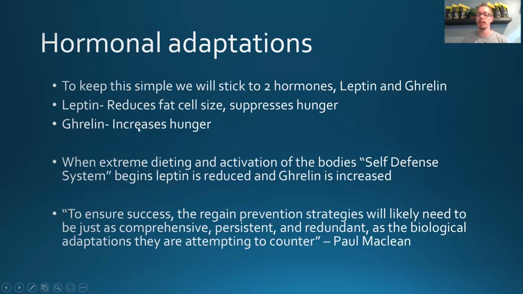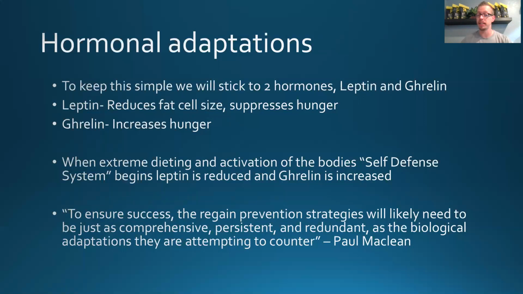So what happens when you're dieting extreme and that self-defense mechanism kicks in? Actually, leptin decreases and ghrelin increases. I'll give you the reasons after this. I think this is the last slide I have for you, and then I'll go into a description, metaphors and stuff, so it really hammers this home.